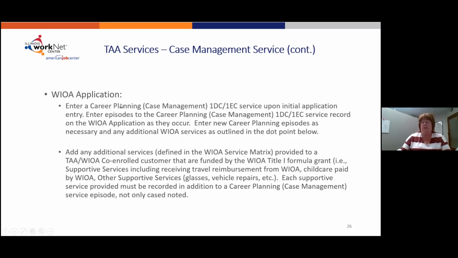And under the WIOA application, that is where you would again do the career planning case management service upon the initial entry and add new episodes as you're providing case management to that particular person. And also add any additional services being provided, the supportive services, childcare, anything that they're getting funded under WIOA, and you would add the additional episode to the case management service record.